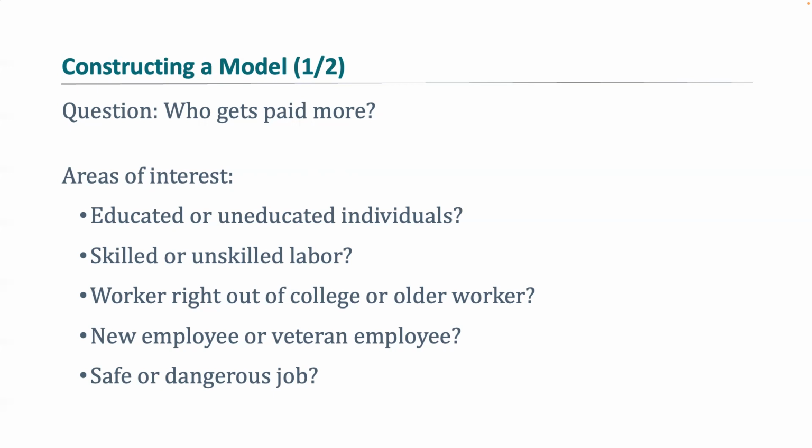Now, just because this one instance results in people getting paid more for doing a dangerous job, you might want to also keep in mind there are a lot of dangerous jobs that pay very little. And that's because we're not able to control other variables like education and skill.